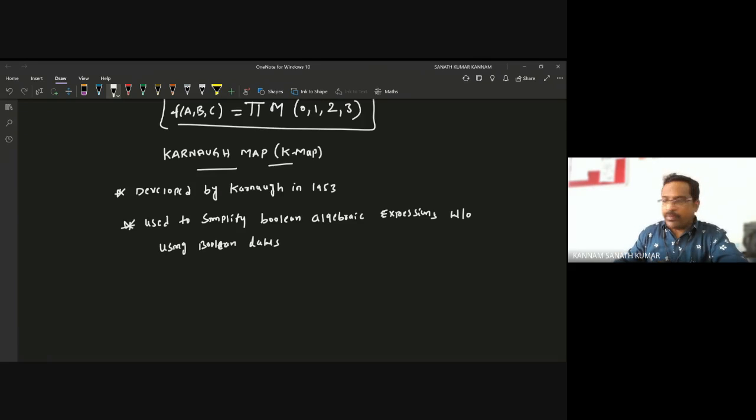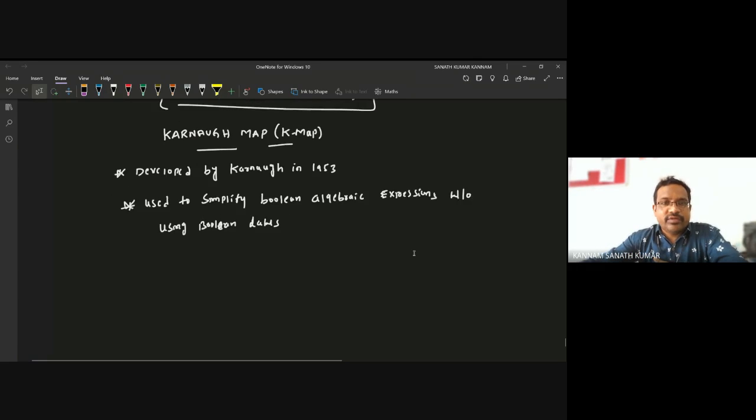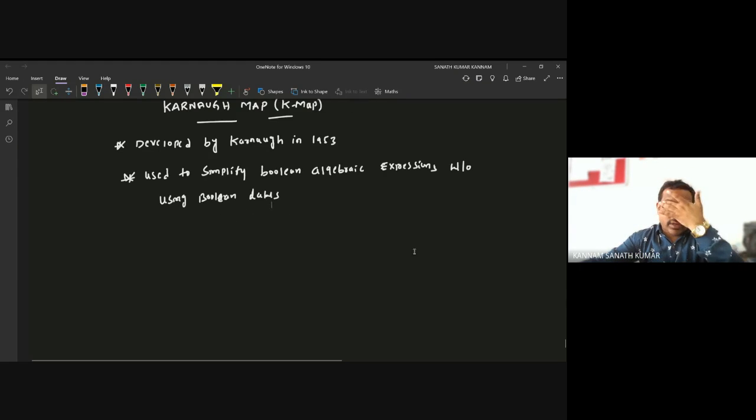Whenever you are minimizing a Boolean expression by using Boolean laws, suppose you forgot any Boolean laws, it is difficult to minimize those expressions. So you need to look for an alternative, and that is nothing but you can verify with this K map or Karnaugh map.